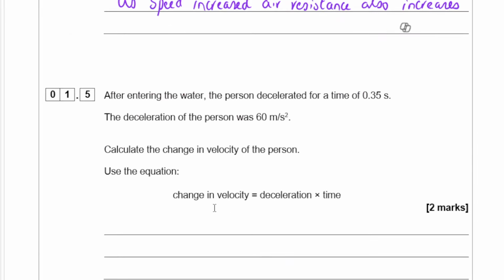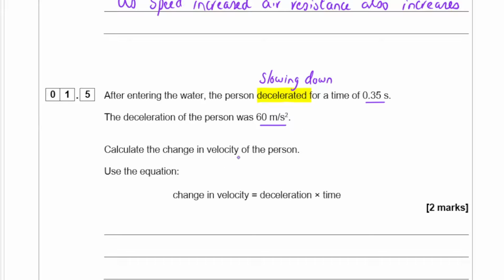After entering the water, the person decelerated for a time of 0.35 seconds. So decelerated basically means to slow down or slowing down, for a time of 0.35 seconds. The deceleration of the person was 60 meters per second squared.